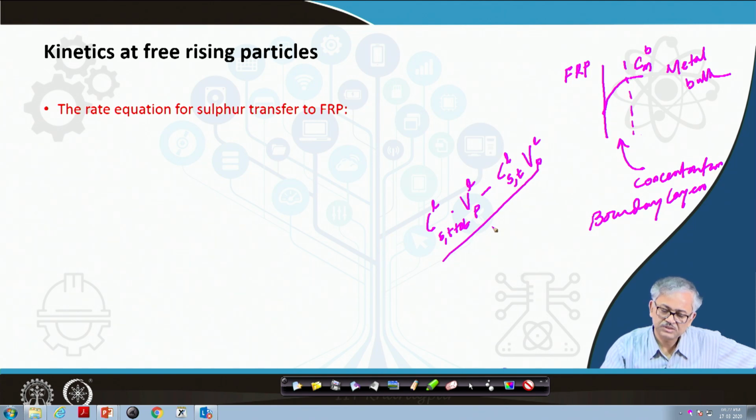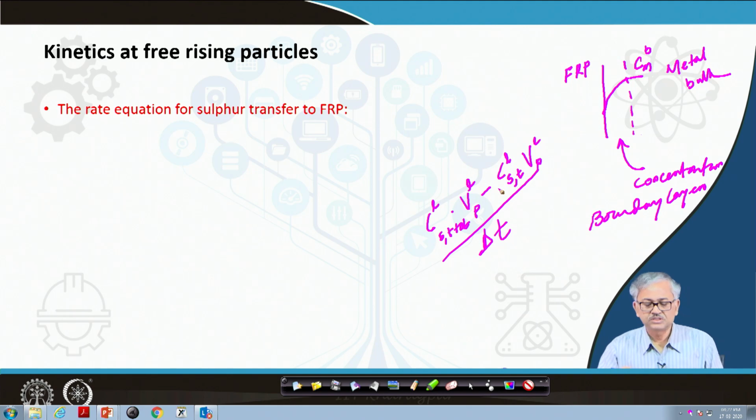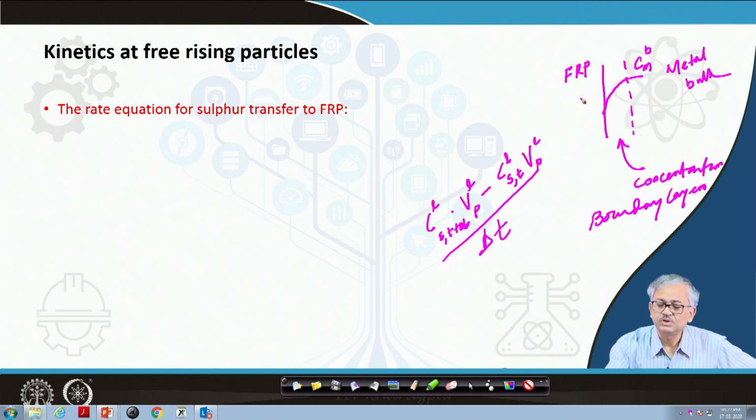So this is the change of mass per unit time. This is the change in mass of the impurity, or you can say the per unit time gain in impurity into the FRP particle. In differential form, you can simply write this as VPL dCS by dt.